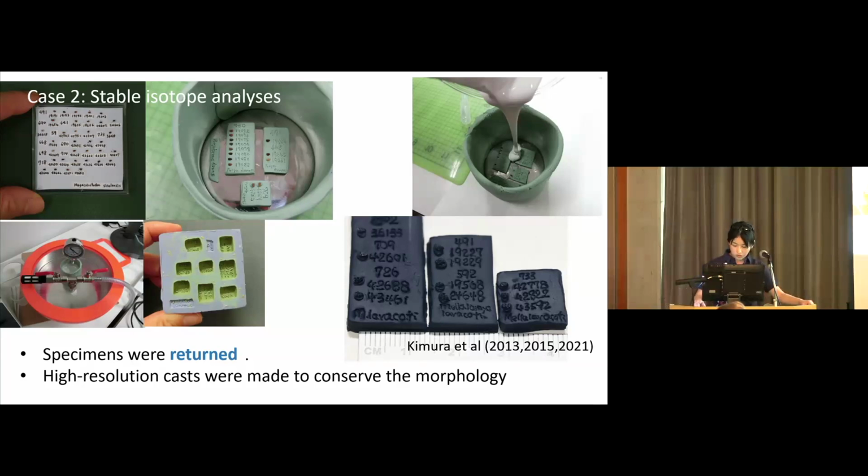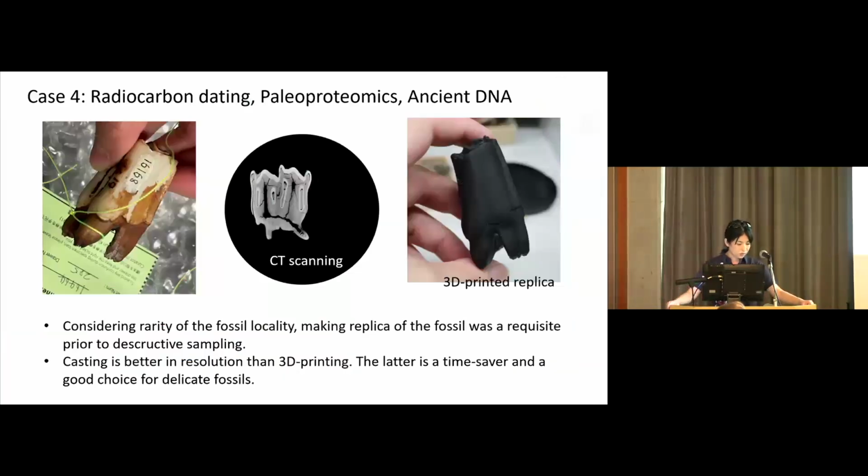And some fossils are so rare because their locality is already gone or very hard to access. And this bison tooth, also from Japan, came from such a locality. And this is actually an ongoing project by Takumi and his colleagues, including me. And considering the rarity of this locality, we made a fossil replica before he collects the ancient DNA sampling.